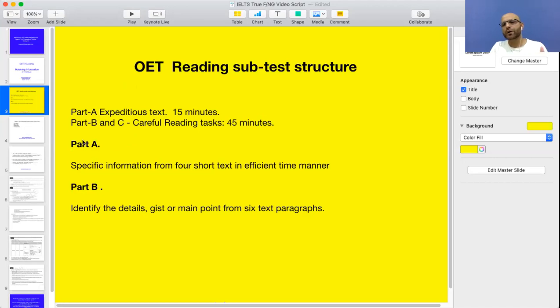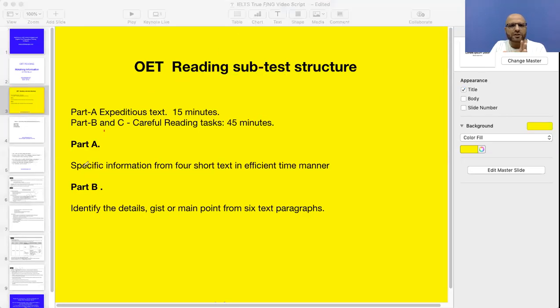So first, Part A evaluates your ability to locate a specific piece of information from a long text or a short text or many texts.